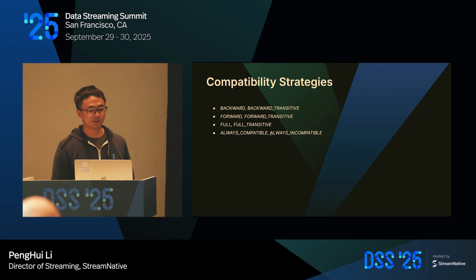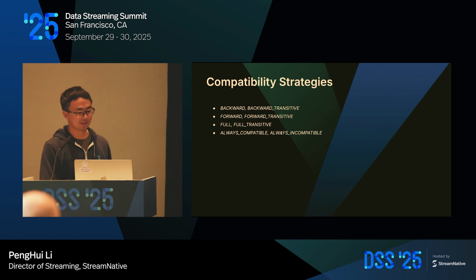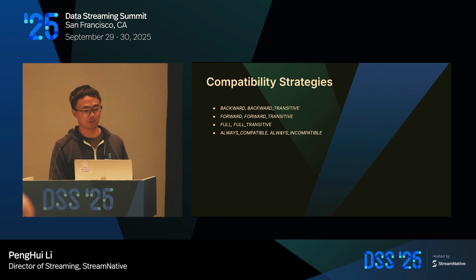Another one is always incompatible. That means only one schema is allowed for your topic, so you cannot upload a second schema. If you want to change the schema, you must clean up everything: delete the old schema, delete the old data, and upload a new schema. So they are just designed for special use cases.